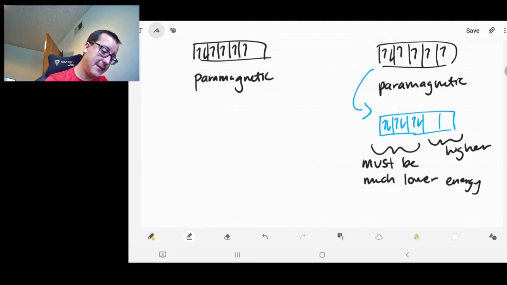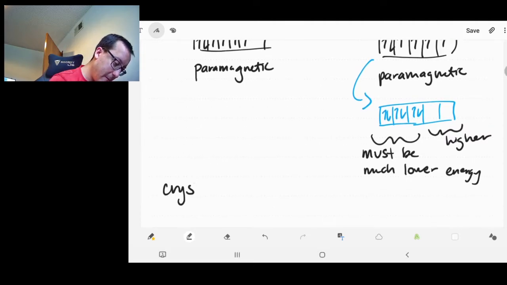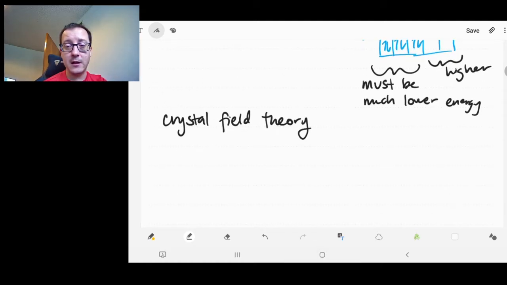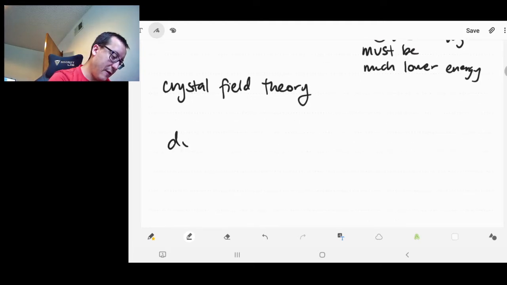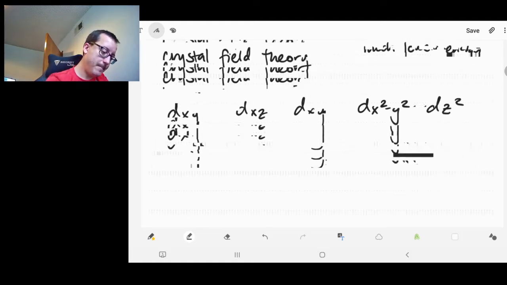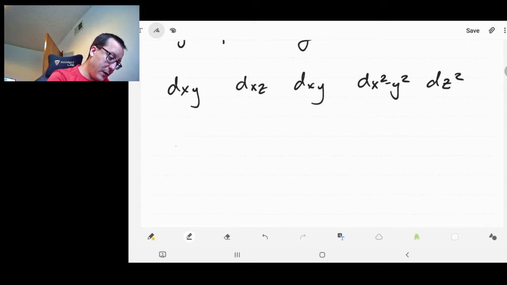And we're going to see that this leads to something called crystal field theory. So if we want to take a look at the shapes that d orbitals take, remember we have 5 d orbitals, right? And they all have their fun little names here. If we have our XYZ axes, I'm going to just copy this.